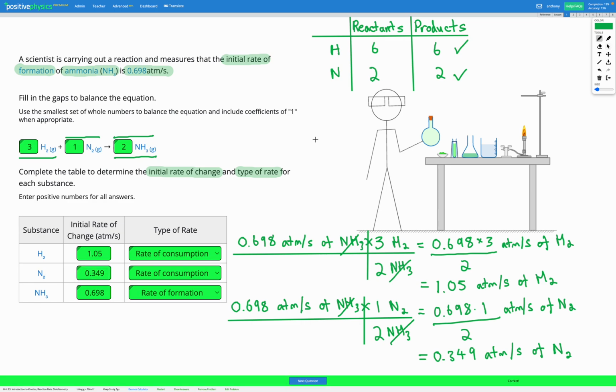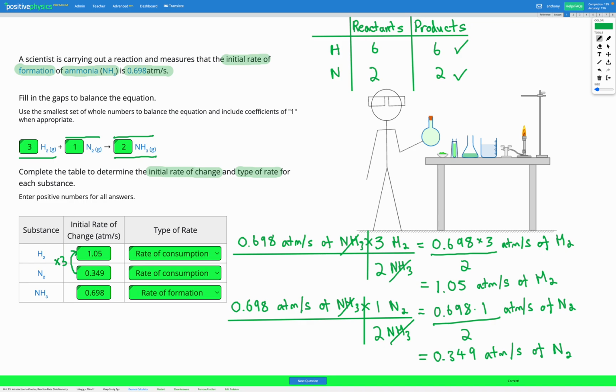Awesome. So just as a sanity check of this problem, we know the ratio between nitrogen and hydrogen should be 1 to 3. So looking at our numbers here, we should see this multiplied by 3. And 0.35 multiplied by 3 gets us 1.05. So that makes sense. We need 3 times as much hydrogen, so a 3 times higher rate for hydrogen than we do for nitrogen.